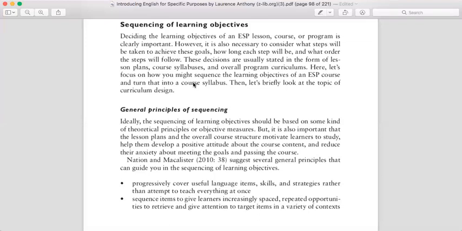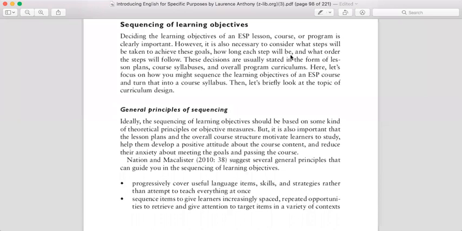So after you have decided on the learning objectives of your particular ESP, in the form of EAP or EOP, the first thing you need to do is sequence them. Sequence means you need to order them: what is more important for a particular field, what is less important, and what is least important. There can be different kinds of sequencing. We are going to look at that in detail in a while.